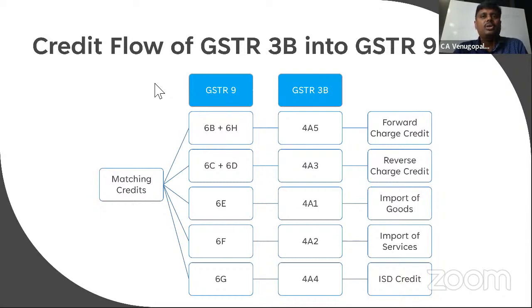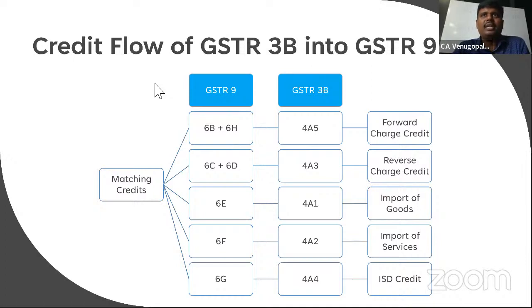So going further, the other credits that I am reporting are the credits that moved to the electronic credit ledger. It could have moved through 3B or directly. Directly means through TRAN returns or ITC-01, ITC-02. If you have any such additional reportings, you will be reporting them through table 6K to 6M of GSTR 9.